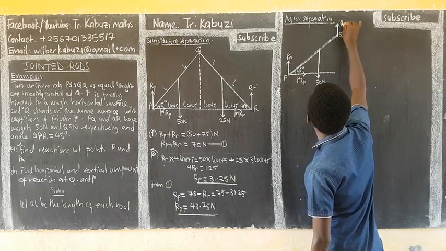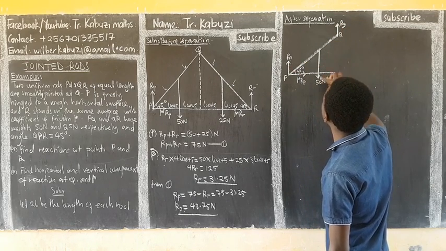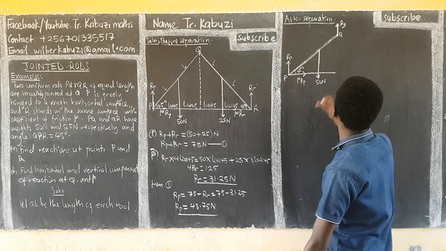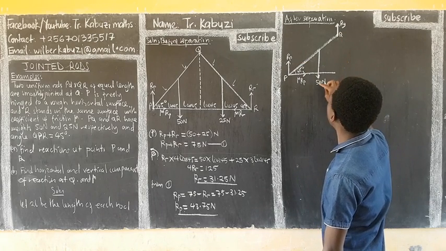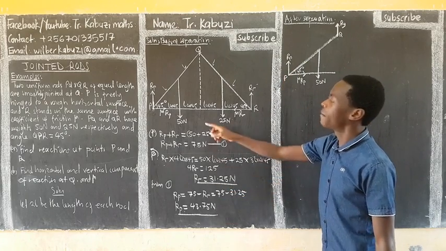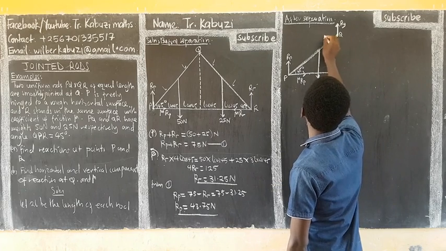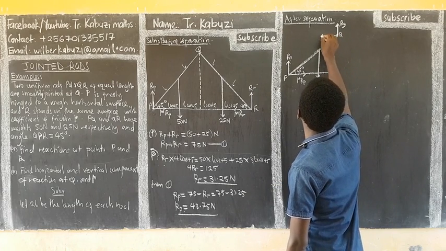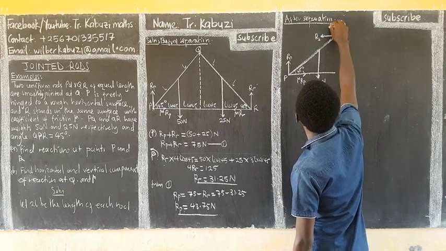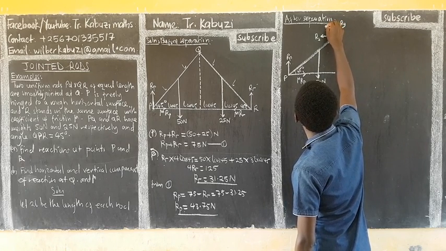So this is going to be our reaction at Y, the vertical, so that when I add this and this, it's equal to this. But I can't put this one downwards because if I put it downwards, already RP is smaller than 50. Hope you are getting what I mean. Then this one is going to be my reaction at X, so meaning this time our reaction is acting in that order.